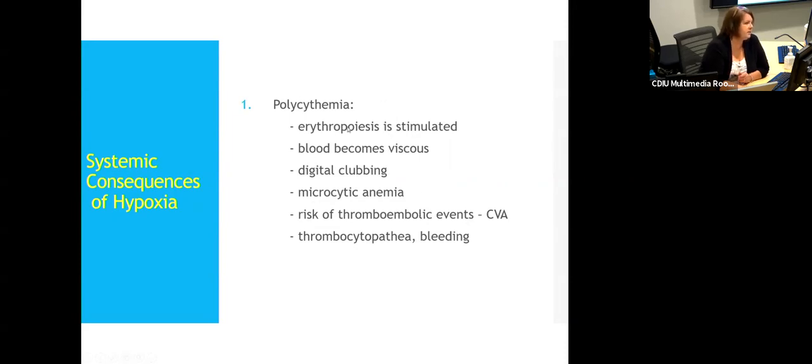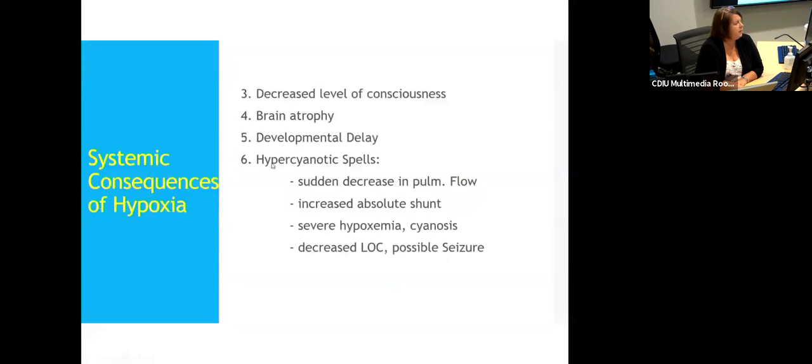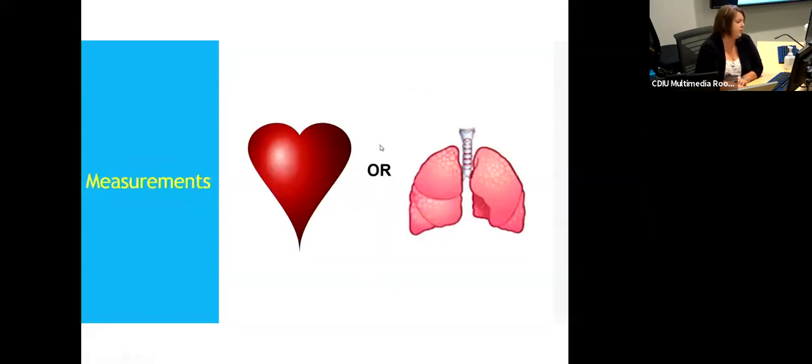All of these things are systemic consequences of hypoxia. 2,3-DPG levels we talked about, they're not common in children. Decreased level of consciousness is very common. It is an ominous sign. These are things that happen as a long-term exposure.